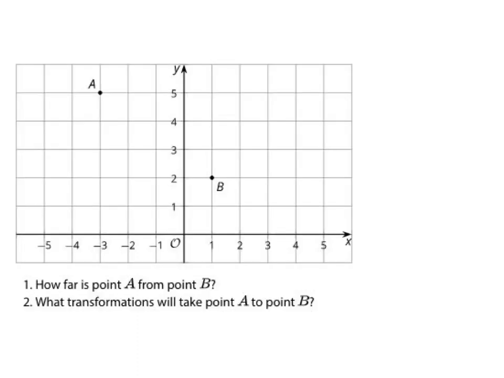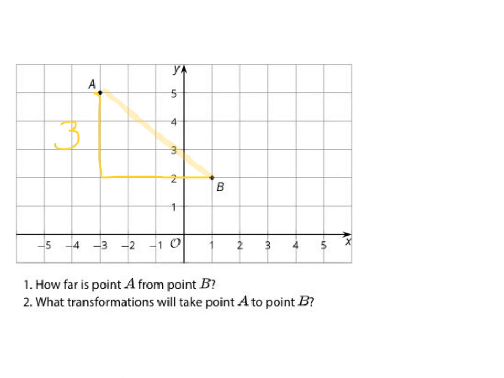Okay, first of all, how far is point A from point B? How would we figure that out? Is it something where I'd be like, I don't know, let me grab a ruler and just measure that distance? Okay, no, that doesn't work so well, but I do know that distance and that distance.